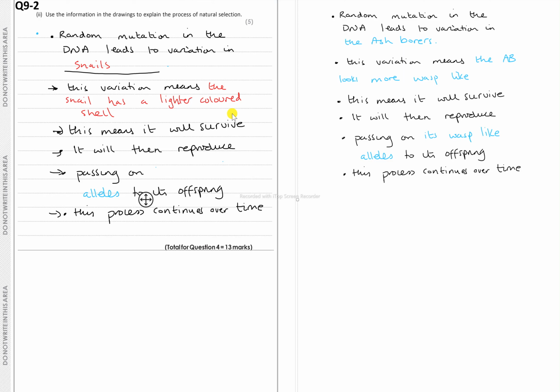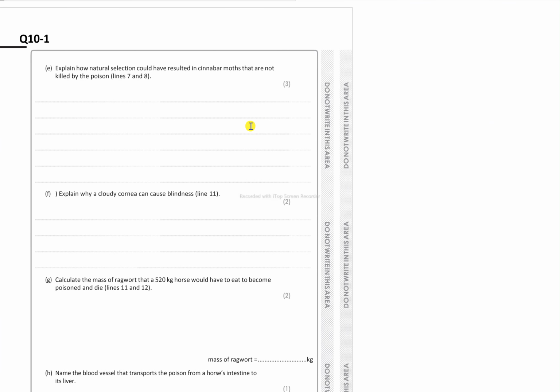We can just put an extra bit here because it has better camouflage. Right, it will then reproduce, passing on its light shell colored alleles to its offspring. This process continues. So eventually the darker shelled snails will die off. Right.